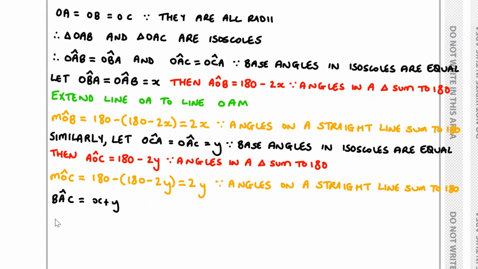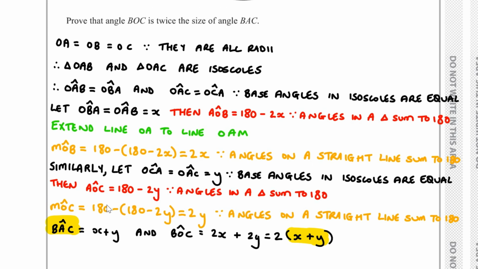So therefore BOC is equal to 2x plus 2y. And of course this is equal to 2 lots of x plus y, which is indeed twice the angle BAC. So hence we've shown it.